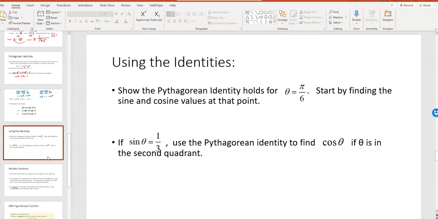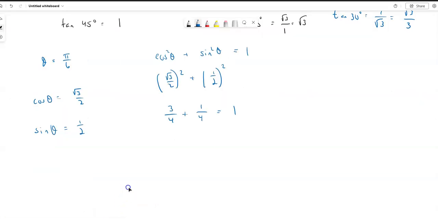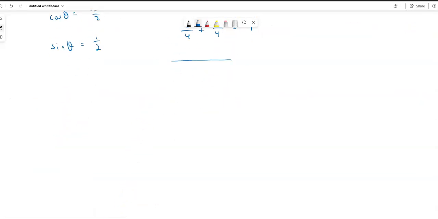All right, the other one says if the sine is 1/3, use the Pythagorean identity to find cosine if theta is in the second quadrant. So the sine of theta is 1/3. What's our formula?